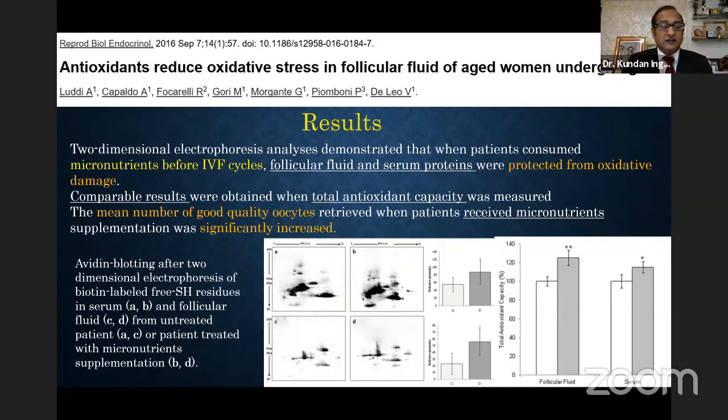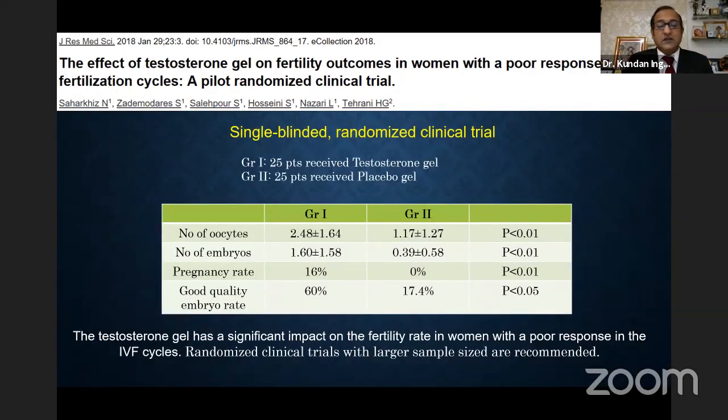It has been seen that the mean number of good quality oocytes is significantly increased when antioxidants are given for a minimum of 2 to 3 months prior to ovarian stimulation. It has resulted in very good quality oocytes, not only in numbers, that is, in both qualitative as well as quantitative characteristics of the oocyte.